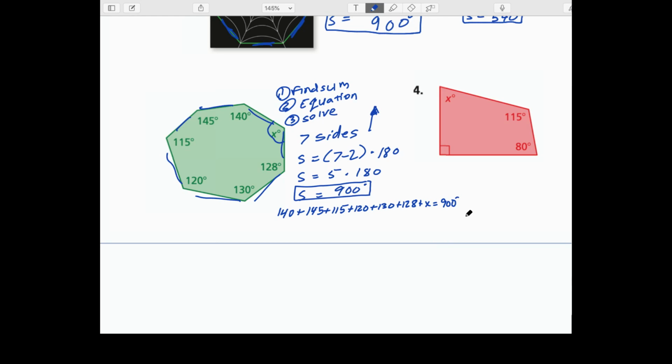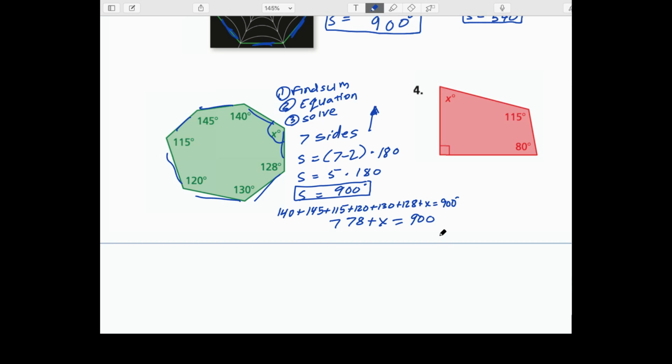I did make that available. So 140 plus 145 plus 115 plus 120 plus 130 plus 128 equals 778, so 778 plus x equals 900. I would do this a couple of times because when you're adding that many numbers, you could make a mistake. So you just want to make sure.